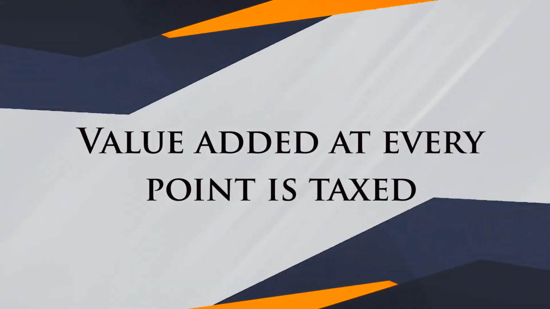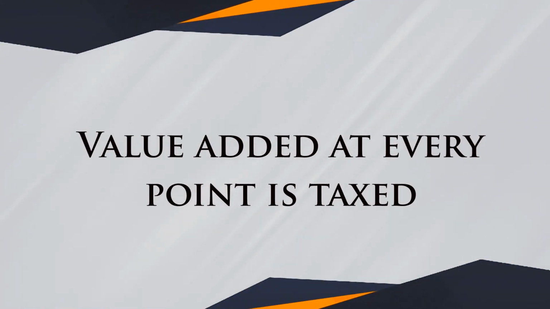So for the value added at every point, and even when there are middlemen involved, the value added at every point is taxed, and the final purchaser pays. A classic example is a jeweler who buys raw gold and refines it up to the point of different carats.